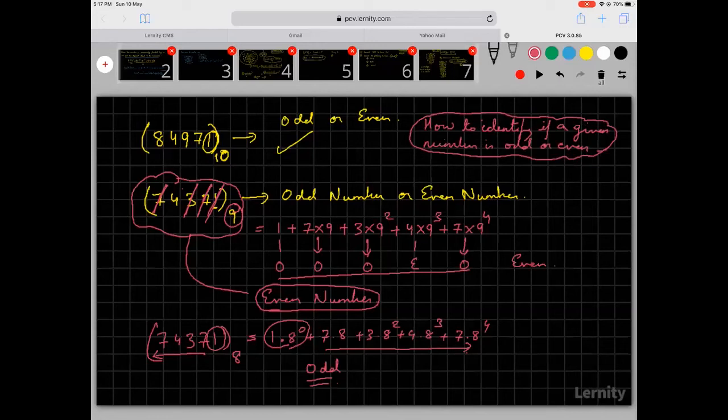If it is to the base 10, you know, very easy, look at the last digit. But we said there can be numbers to other bases also. So if numbers are given to other bases, we will think a little and then try to write the number in the expanded form. Once we write the number in the expanded form, we will look at how many odds are there, how many evens are there, and from there we'll be able to say. Okay, so I hope you are clear about this. So make some notes.